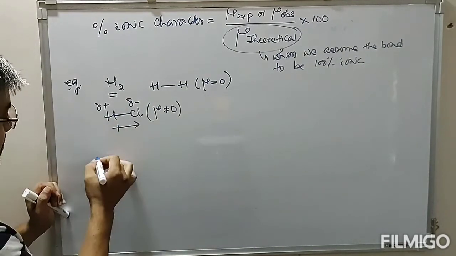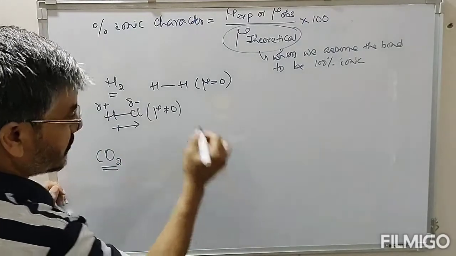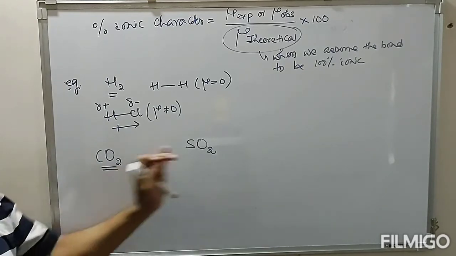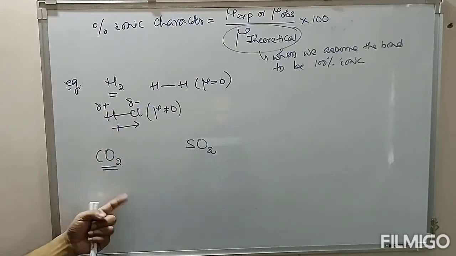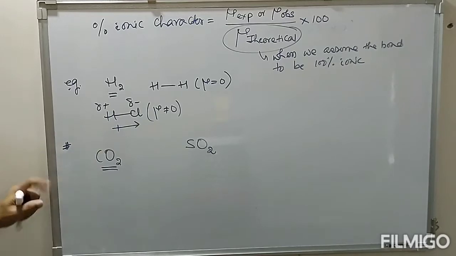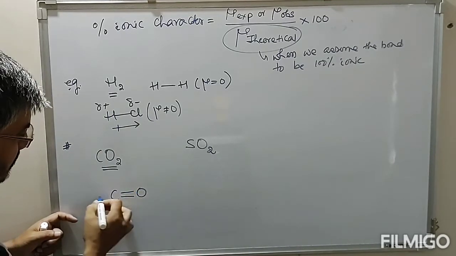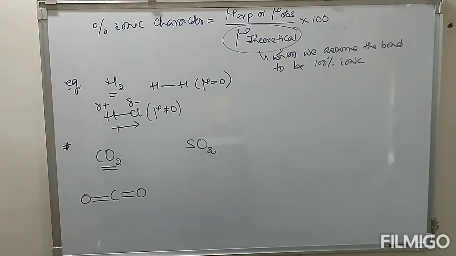Now let's compare carbon dioxide and sulfur dioxide. We have triatomic molecules, carbon dioxide and sulfur dioxide. Based on the dipole moment, we can also prove their structures. So take this very carefully. Carbon dioxide has a carbon-oxygen bond.